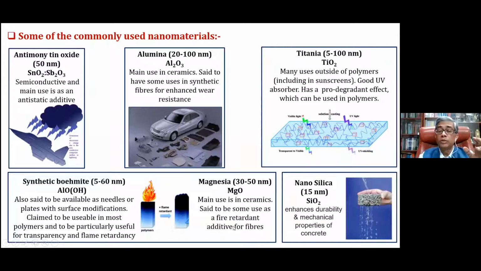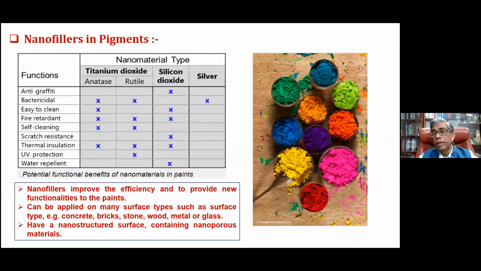Magnesia is also being used as a fire retardant material, and as I said, nano silica gives a lot of durability and mechanical properties in concrete. If we look at pigments, when we use nano titanium oxide, nano silicas, and nano silver, they can provide lots of different functions: antibacterial, easy to clean, fire retardant, scratch resistance, and all that.